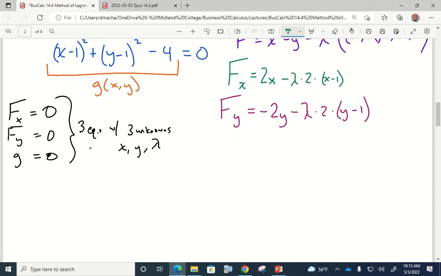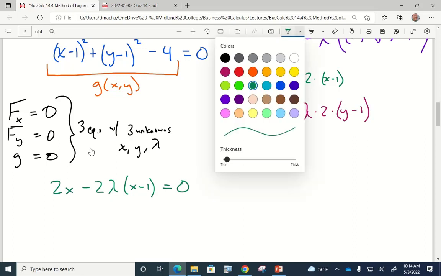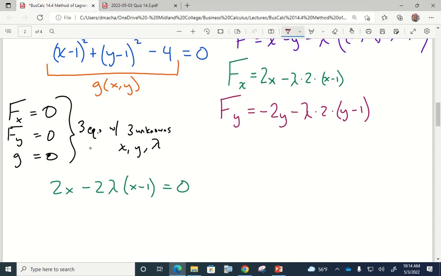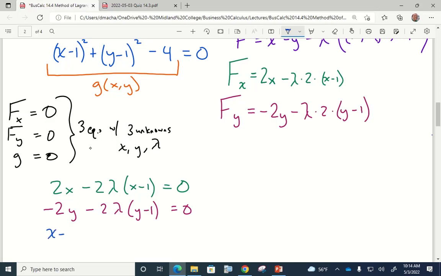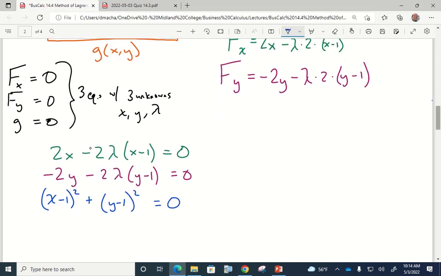And putting this together, I have 2x minus 2 lambda times x minus 1 equals 0. I have negative 2y minus 2 lambda times y minus 1 equals 0. And then my constraint is x minus 1 squared plus y minus 1 squared equals 0. These are my 3 equations.